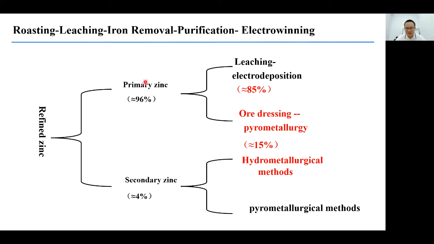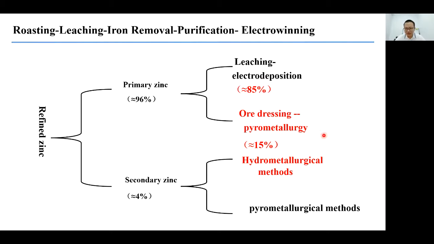But nowadays, primary zinc making is still dominant. In primary zinc producing, the leaching and electrodeposition technology here, roasting, leaching, iron removal, purification, electrowinning, is dominant and accounts for 85%. So this is the main technology, and this is why we are studying it today.